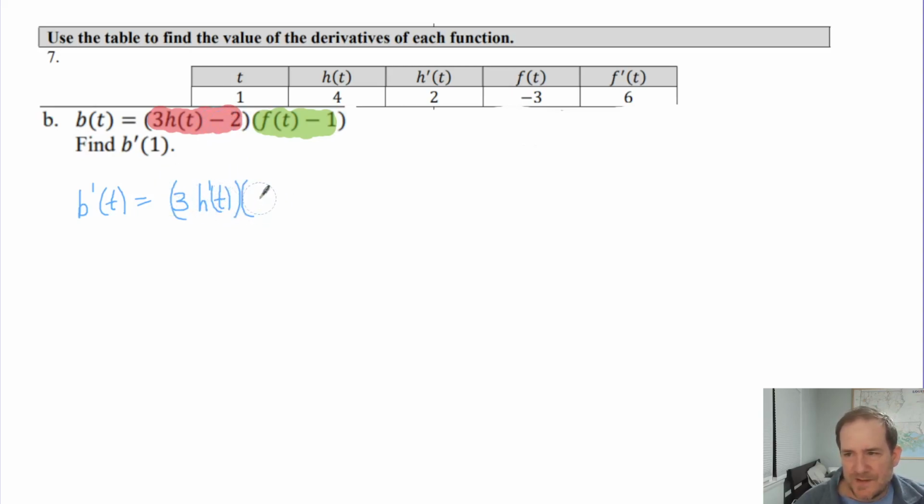Then I multiply that by the other factor, which is f of t minus 1. Plus, this time I'm bringing the pink guy down, so 3 times h of t minus 2. And then the derivative of this is just f prime minus 0, so it's really just f prime.